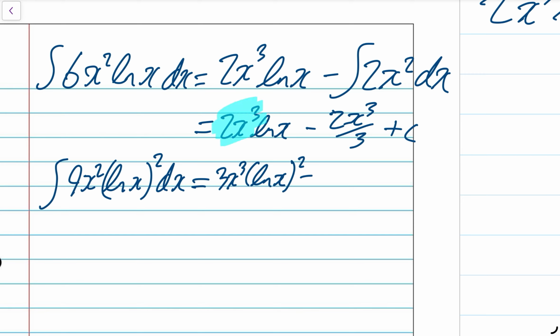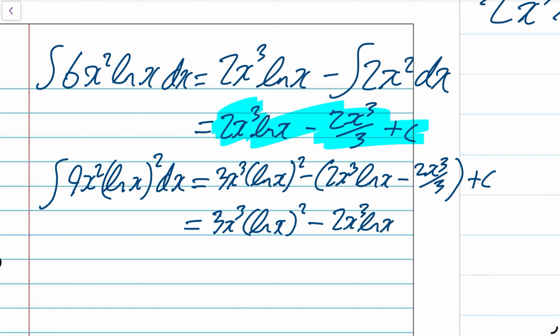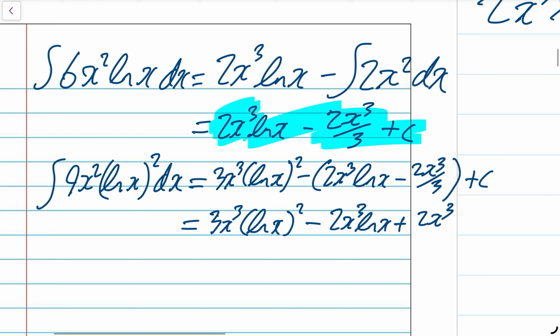So if we take this away, it's going to be minus of 2x cubed ln of x minus 2x cubed over 3, and then plus c. And then if we do that, you're going to get 3x cubed times ln of x, all squared, and then minus 2x cubed ln of x, plus 2x cubed over 3, and then plus c, remember your constant of integration. And that is it done.